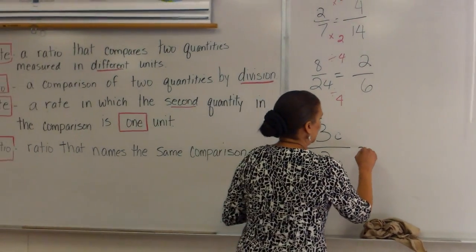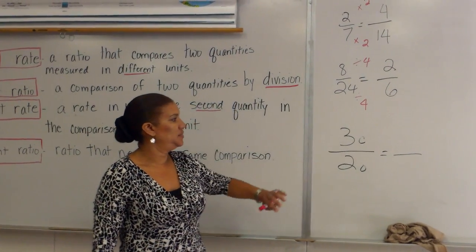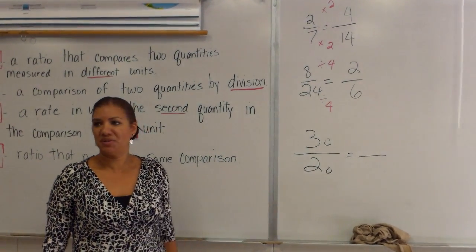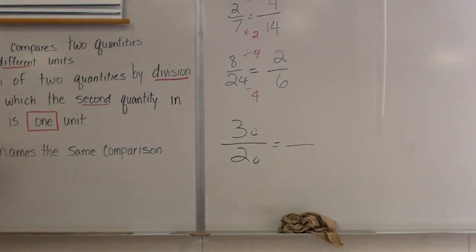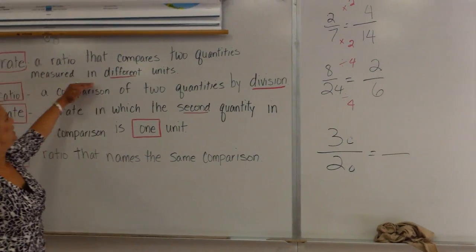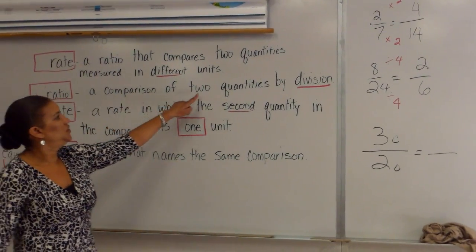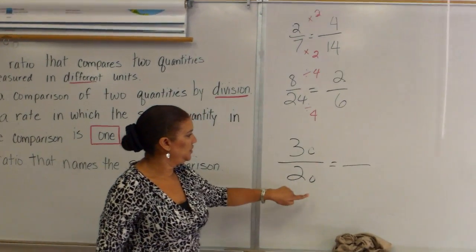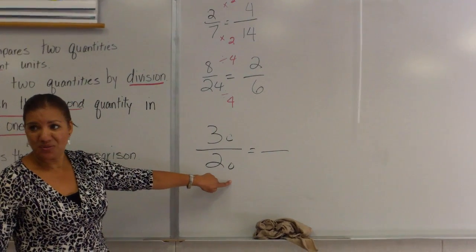I need to find the equivalent ratio of 3 cups of cranberry juice to 2 cups of orange juice. Remember, we still have 2 units like we did with our definition, measured in 2 different units. A comparison of 2 quantities by division. We have our 2 different units, cranberry juice, orange juice.